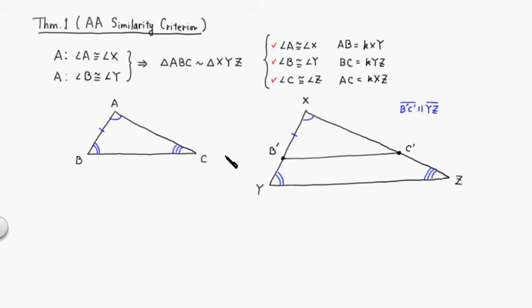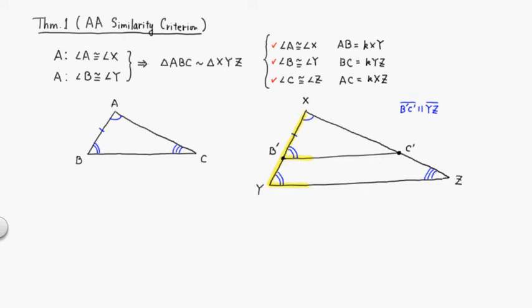Then we try to use the F property. Using the F property, since B prime C prime is parallel to segment YZ, we know that this angle is congruent to the angle here. Then we can establish a congruence between triangle ABC and triangle XB prime C prime.